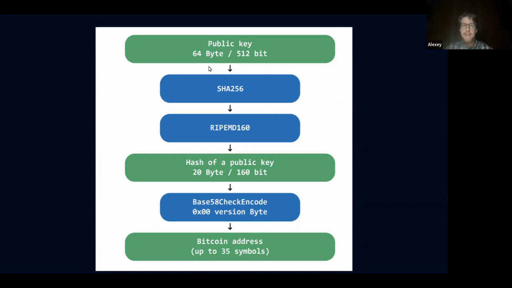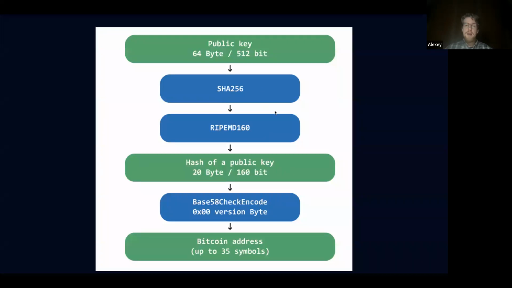Then the resulting bytes are hashed with the SHA-256 algorithm, which gives us a hash value with a size of 256 bits. The resulting hash value is hashed again, but this time with RIPEMD-160, resulting in a 160-bit or 20-byte hash of the public key.